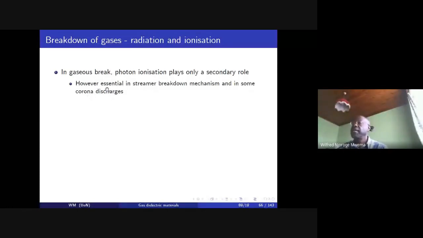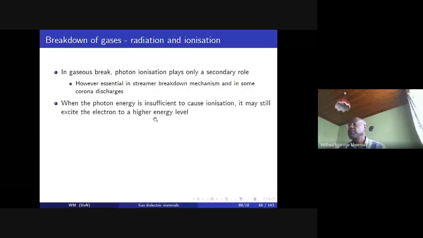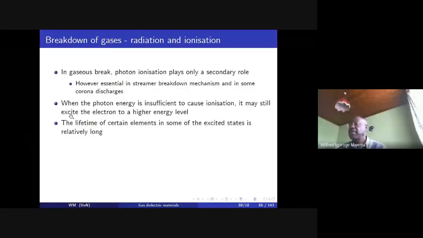So when the photon energy is insufficient to cause ionization, it will excite the electron to a higher energy level. And then we say that the molecule is at an excited level. Now, the lifetime of certain elements in these excited states will be relatively long, and this long lifetime of excited states is usually called a metastable state.